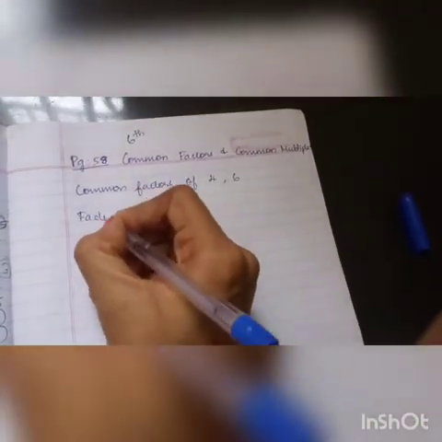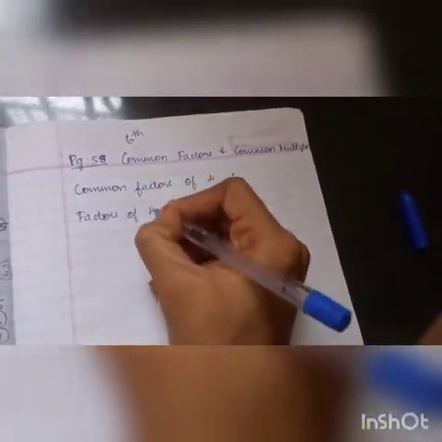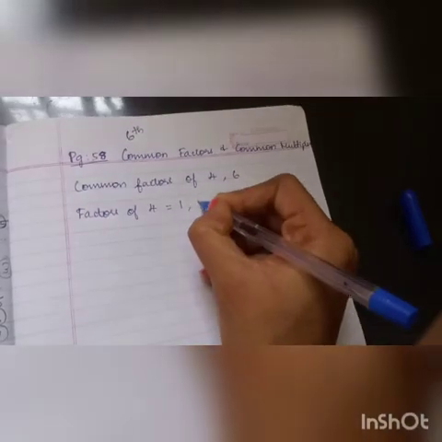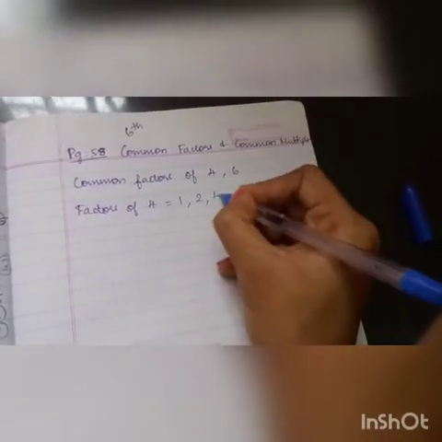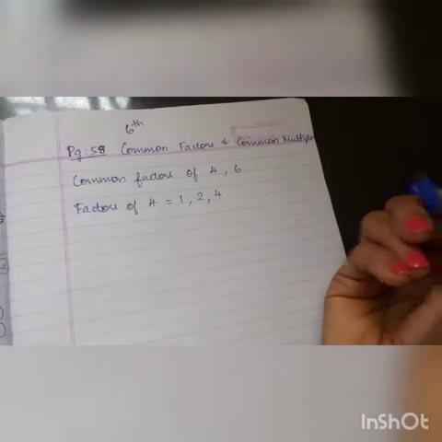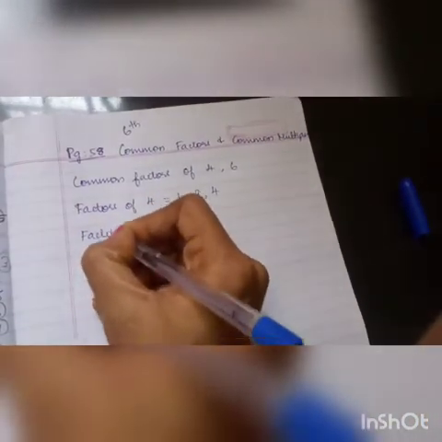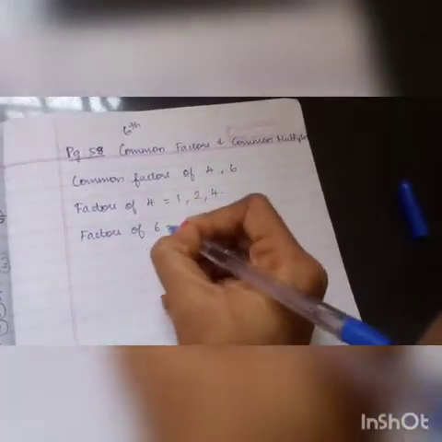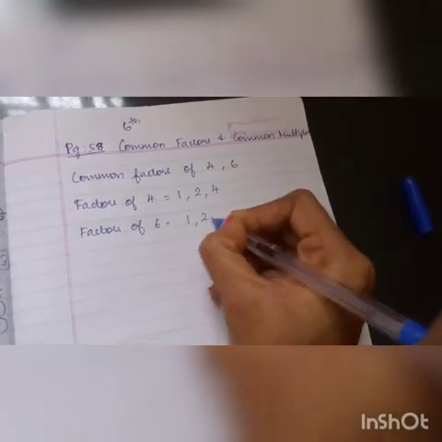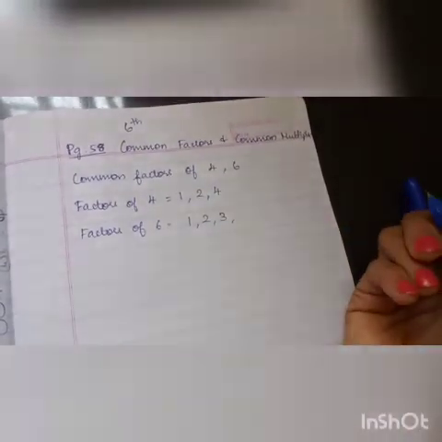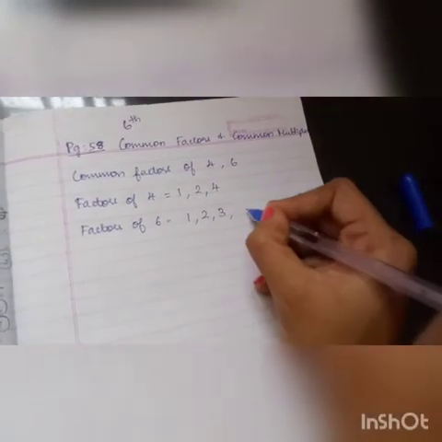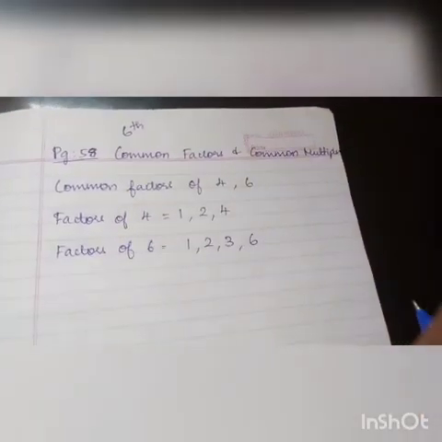So what are the factors of 4? 1, 2, 4. What are the factors of 6? 1, 2, 3, 6. Okay, these are the factors of 4, these are the factors of 6.